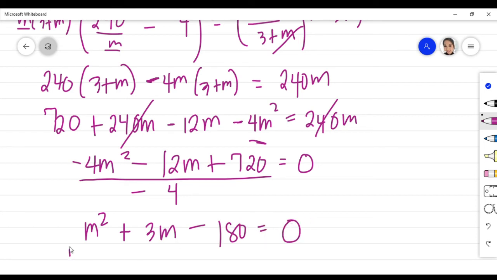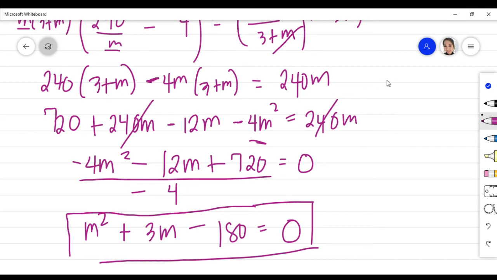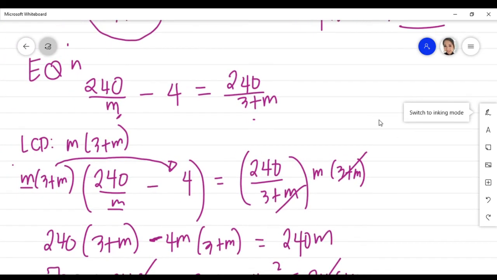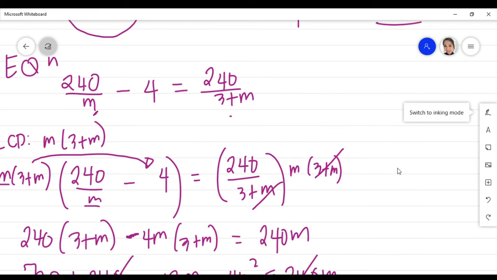So this is our quadratic equation in standard form. Let's try to solve the equation above using cross multiplication, and see which one is easier.